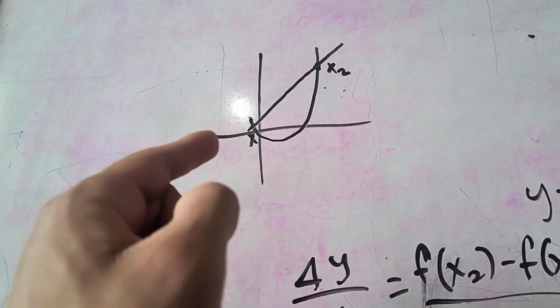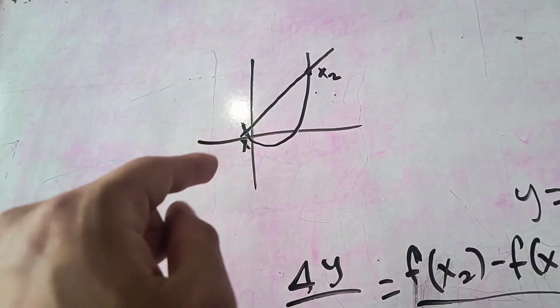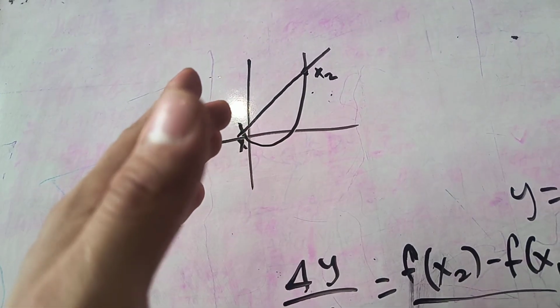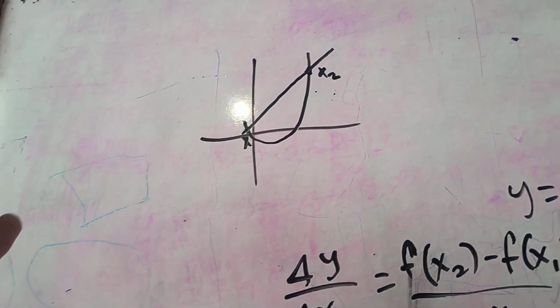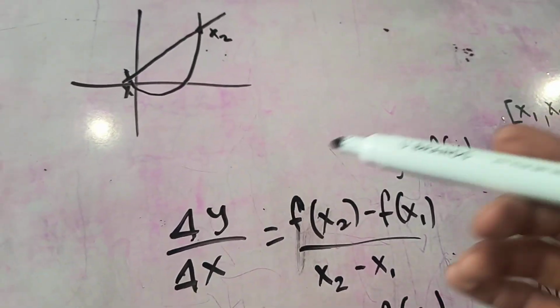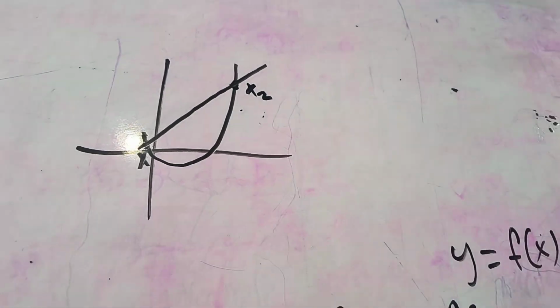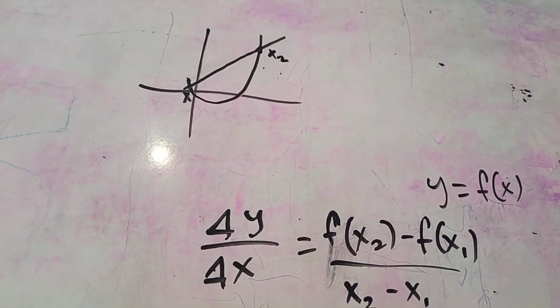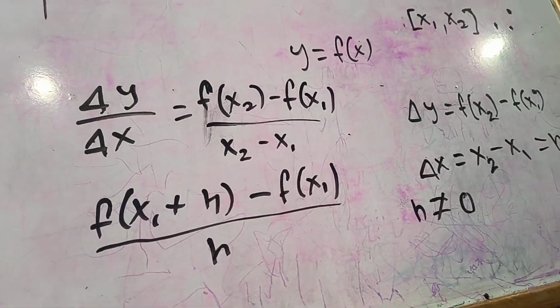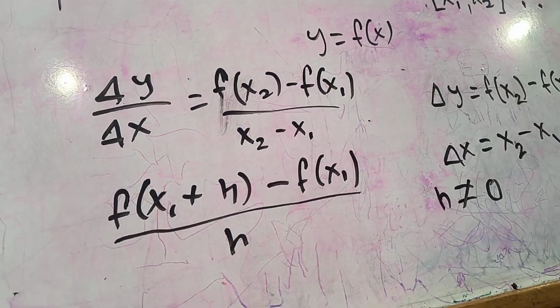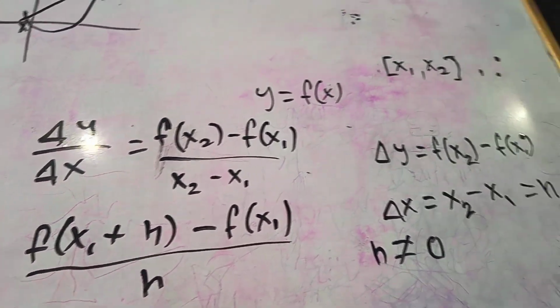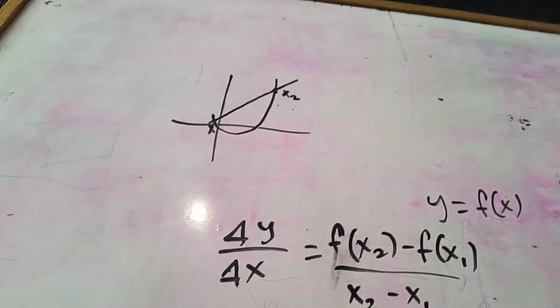How much the y is changing, the average of how much y is changing with respect to the change in the x. That is what we're measuring, this slope of a secant line. So yes, the average rate of change that we use, the equation is f of x1 plus h minus f of x1 over h.